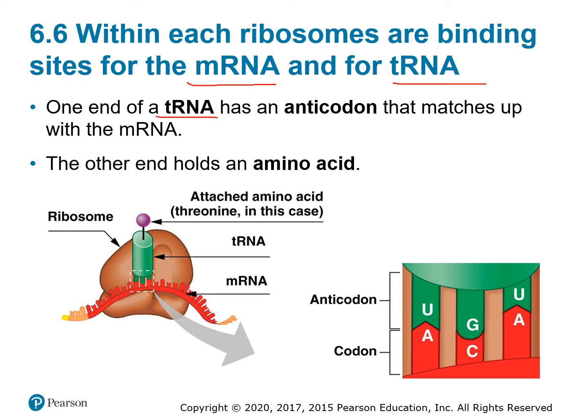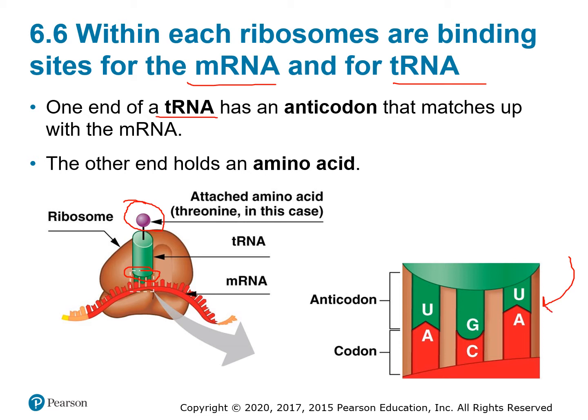The tRNA has two very important parts. One part is at one end, and that's where the amino acid is attached. This little purple circle here represents an amino acid, and in this case, the amino acid is threonine. The other part of the tRNA that's important is this bottom part, and you can see it better over here.